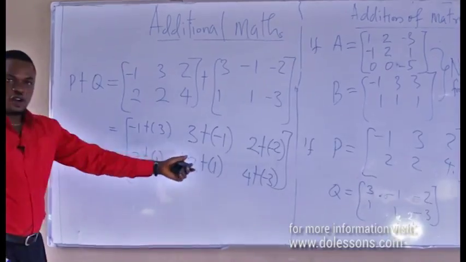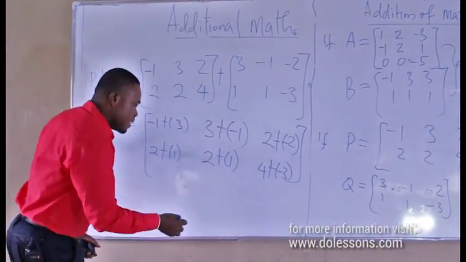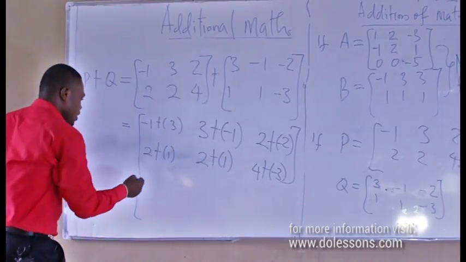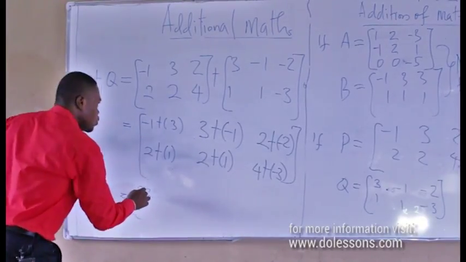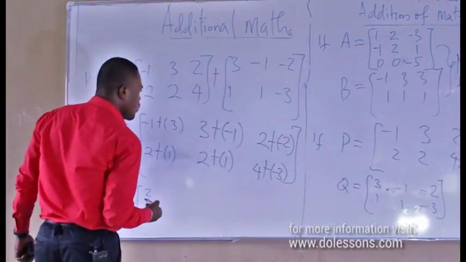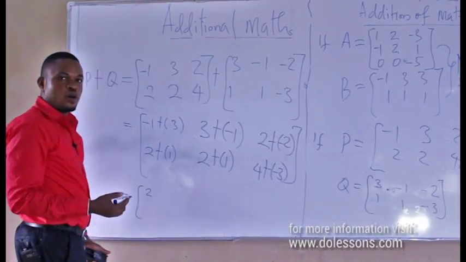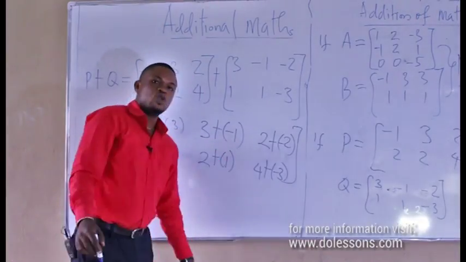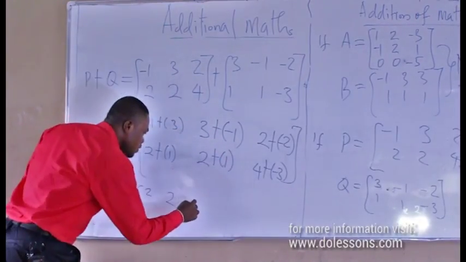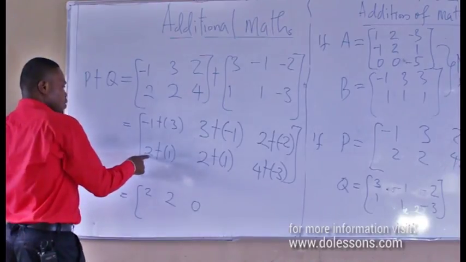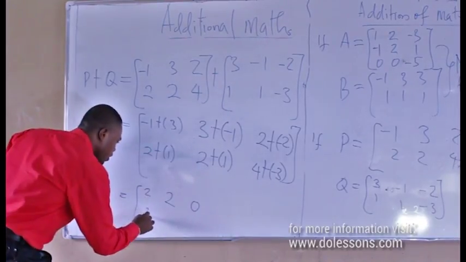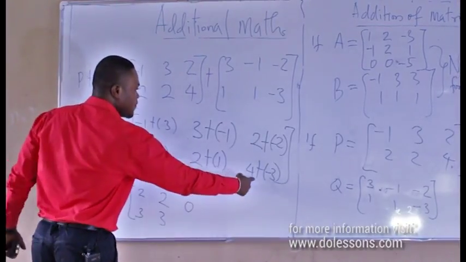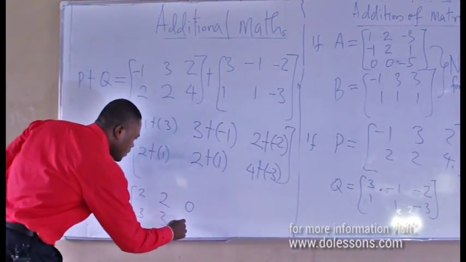Working out the arithmetic, minus 1 plus 3 gives us 2. 3 plus minus 1 is 3 minus 1, which is 2. And 2 plus minus 2 is 2 minus 2, which gives us 0. 2 plus 1 gives us 3, and 2 plus 1 gives us 3, whereas 4 minus 3 gives us 1.